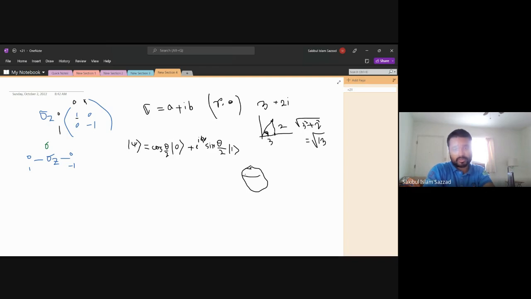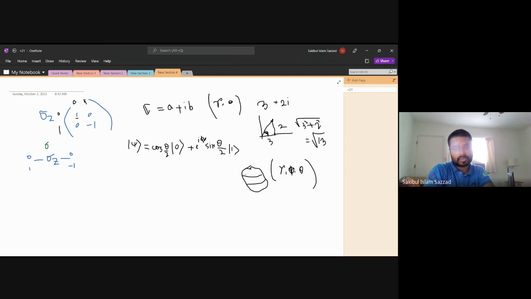But for mentioning a point in a sphere, I need three things: the radius, the angle from the xy plane, and the angle from the z axis. It should be phi, I should write it phi.